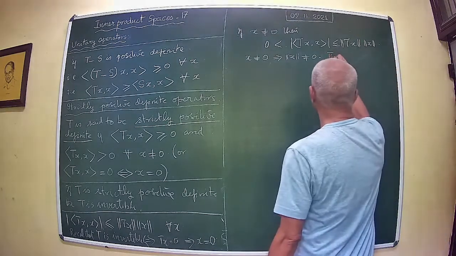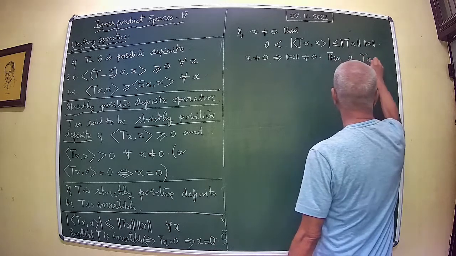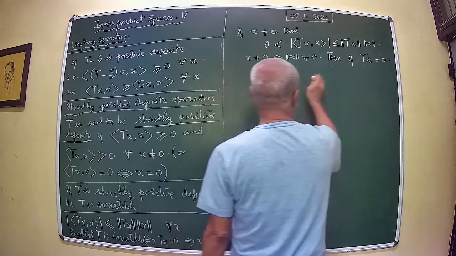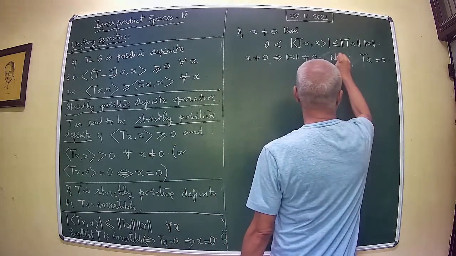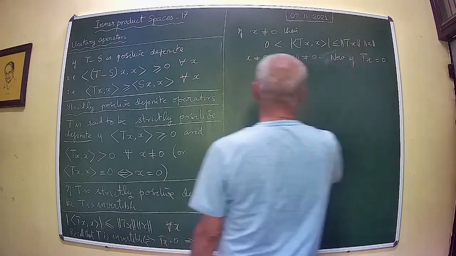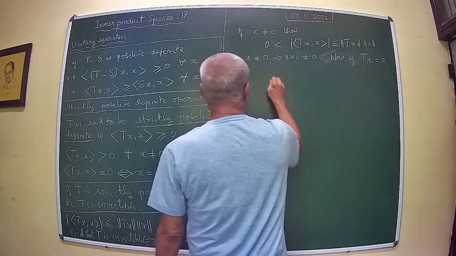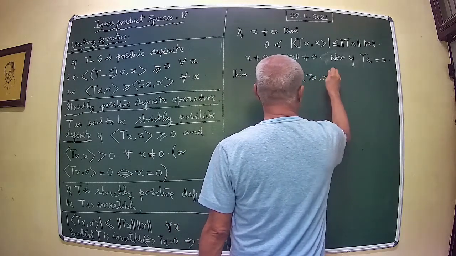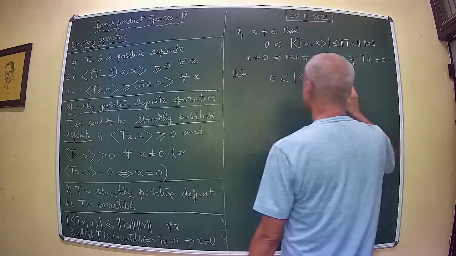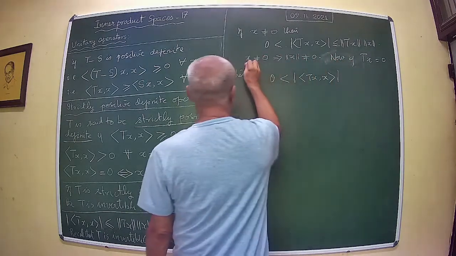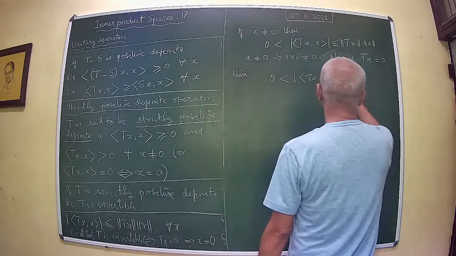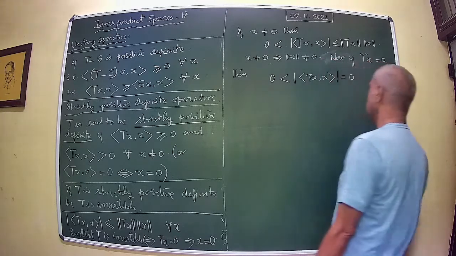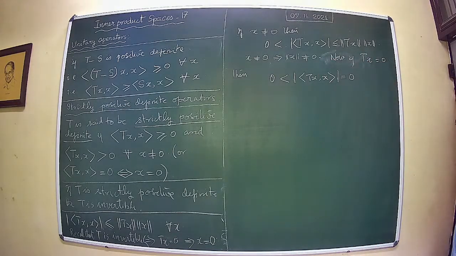Then, if Tx equal to 0, then we have the inner product of Tx, x equal to 0.